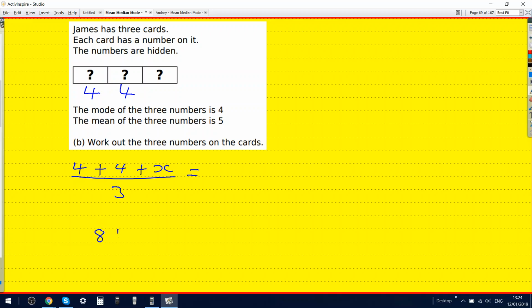I'm really confused. The mean average that you have to get is 5. So 8 plus something divided by 3 gives you 5. How do you find out what that number is?